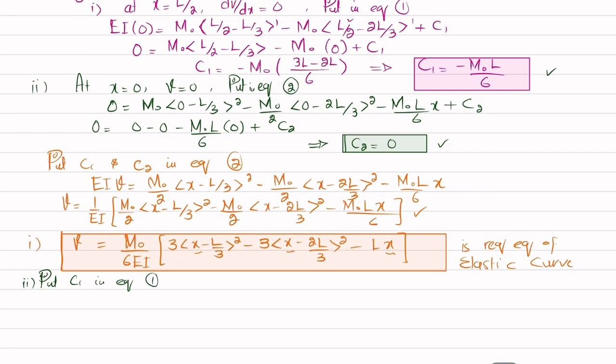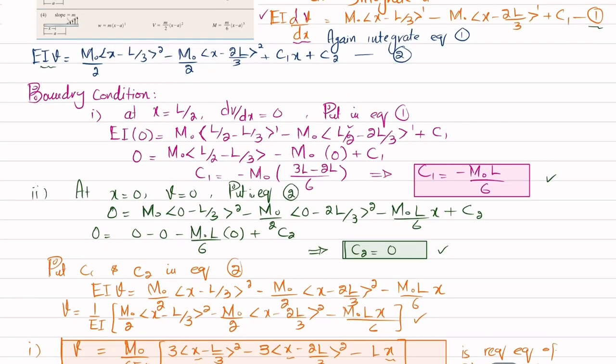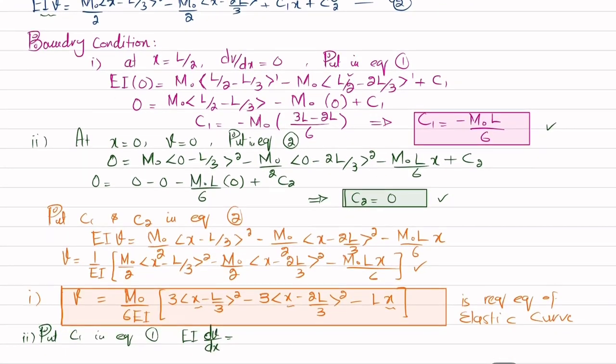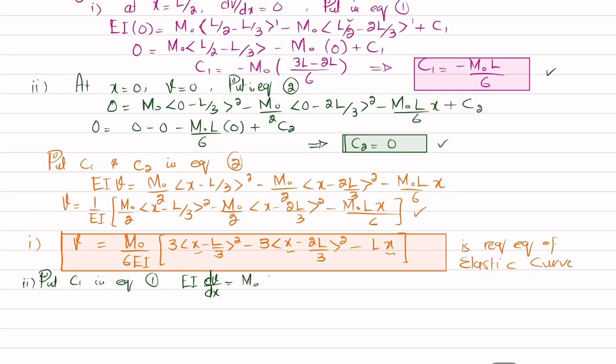EI into dV over dx is equal to m naught into L minus x minus L by 3 power 1 minus m naught into x minus 2L by 3 power 1 plus C1. So C1 is minus m naught L over 6.